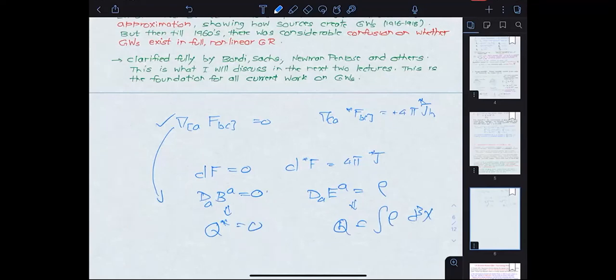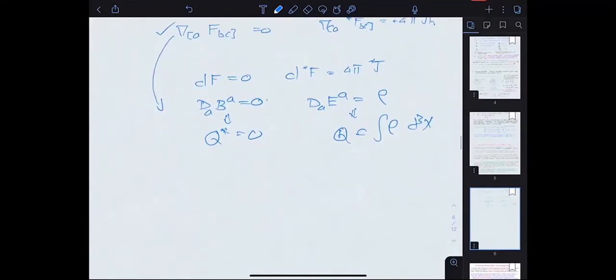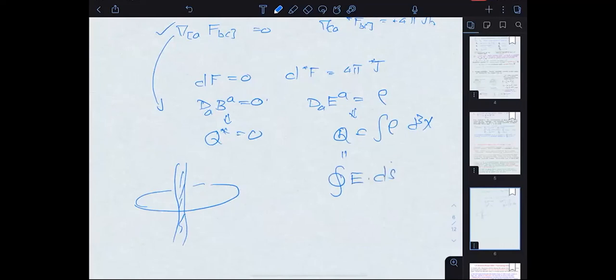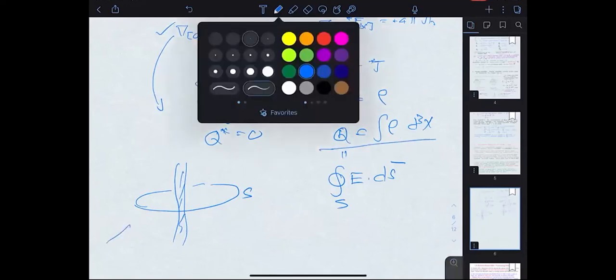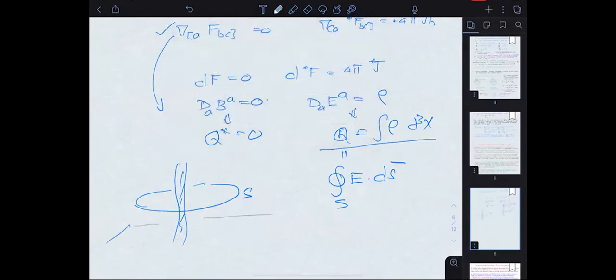Is this okay? Or I can do it more carefully if you like. Here is some source. I take a 2 sphere, and we talk about the electric charge. You know all that. The electric charge is the integral of E dot dS over this surface S, and the first line up here, the charge, is just the integral over the three-dimensional surface of the charge density.